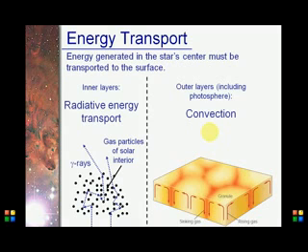There is another way, radiation, which is when a body is very hot and excited, so it starts to emit photons and heat, and energy starts to transport due to this radiation.